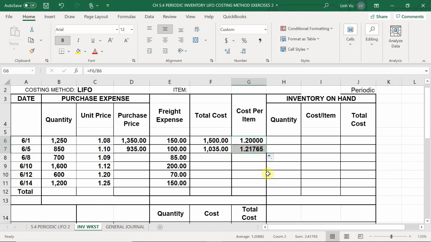$1.22. Now, if you calculated $1.22 and you extend it out, it's actually $1.21765. This is where I have to teach you what's called the equal round in Excel. If you're using Excel and you said $1.22, you automatically rounded it to the nearest penny.